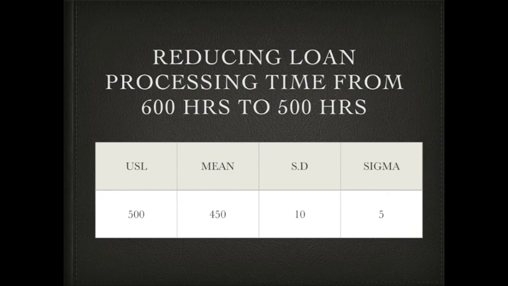We don't want the loan processing time to go beyond 500 hours. The mean level is 450 hours. The standard deviation is 10. The difference between the mean and the specification limit is 50. In 50, there could be 5 standard deviations accommodated since the standard deviation is 10. So it is a 5 sigma process.